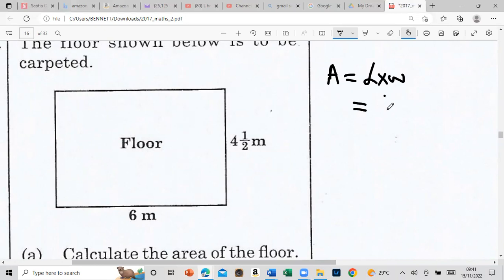Alright, so it will be 6 times 4.5. It's much easier. Let's multiply.